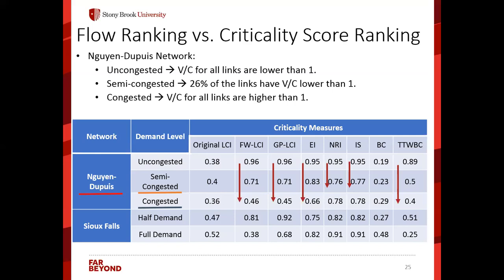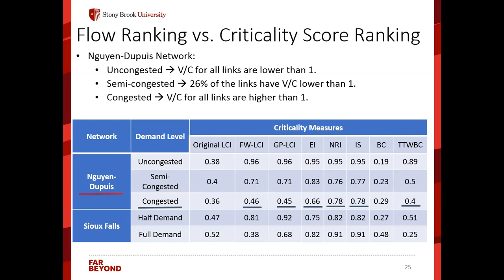For instance, for NRI and IS, there's a decrease from uncongested to semi-congested, but from semi-congested to congested there's a slight increase. You may even say they're almost equal. And for travel time and betweenness centrality, there's a huge drop, similar to Frank-Wolfe LCI and GP LCI. And here, again, betweenness centrality and original LCI have increases and decreases. Betweenness centrality increases, but still very low. So there is not really a direct comparison.